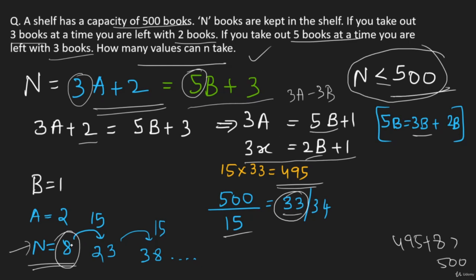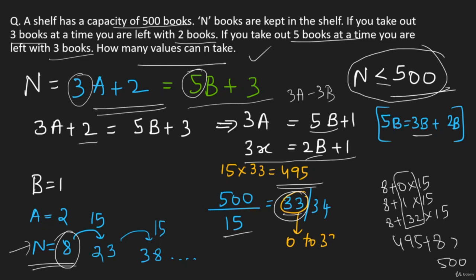So over here, 8 is nothing but 8 plus 0 into 15, and the next one, 23, is 8 plus 1 into 15, and you can go up to 32. That would be 8 plus 32 into 15. So 0 to 32 will give you 33 numbers, and your answer will be 33.